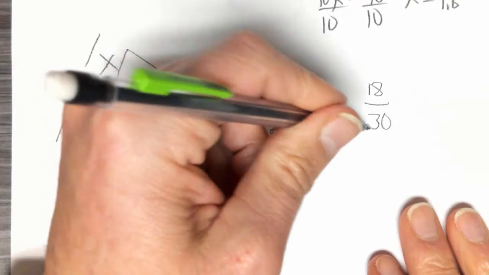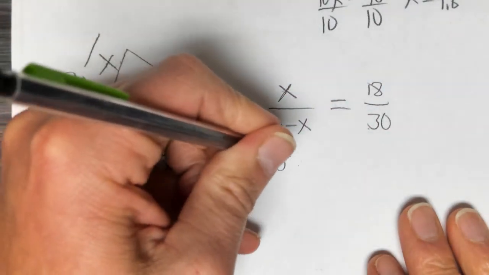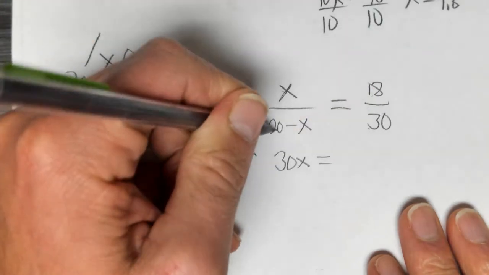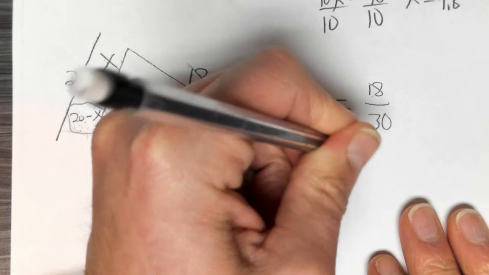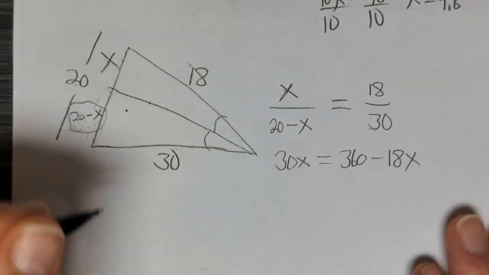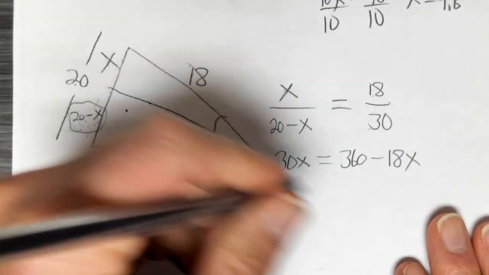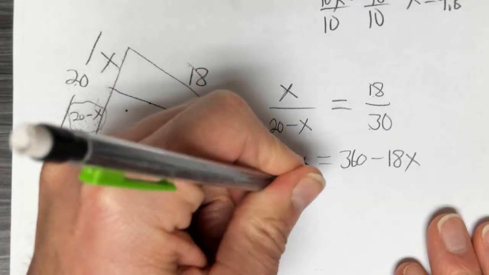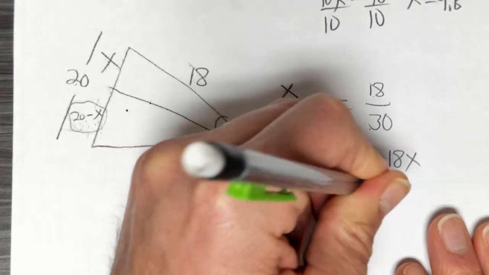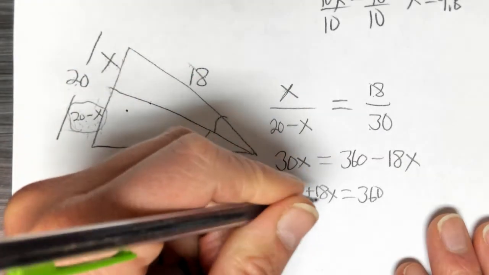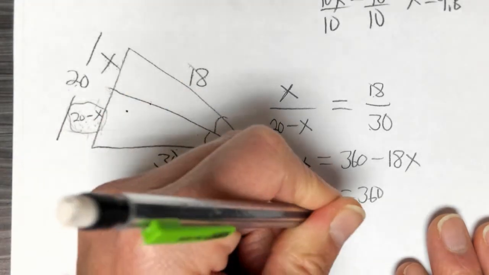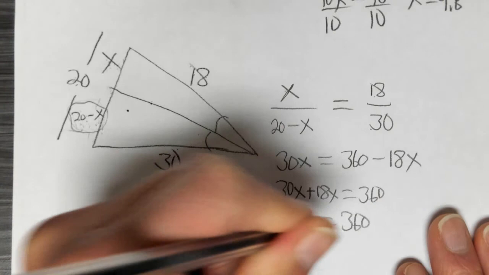All right, so now we need to go 30 times x and get 30x equals 20 times 18 is 360 minus 18x. So I'll go ahead and bring my 18x over. 30x plus 18x is equal to 360. So now I'm going to add those together. 48x is equal to 360.